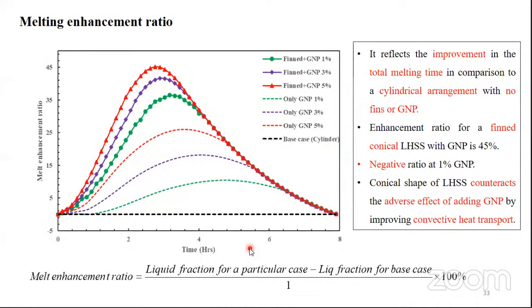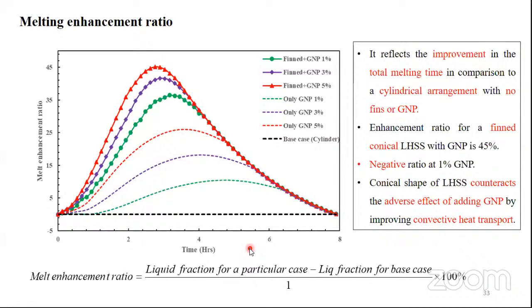Of course, in the case when we are having this type of graphene nanoplate based finned conical system, it reflects that there is an improvement in the total melting time in comparison to that of the cylindrical arrangement. However, it can be seen that the enhancement ratio for the finned conical latent heat storage system with graphene nanoplates is quite high.